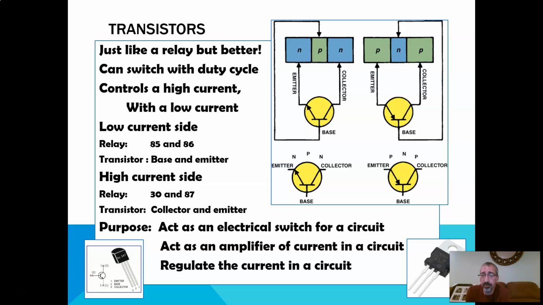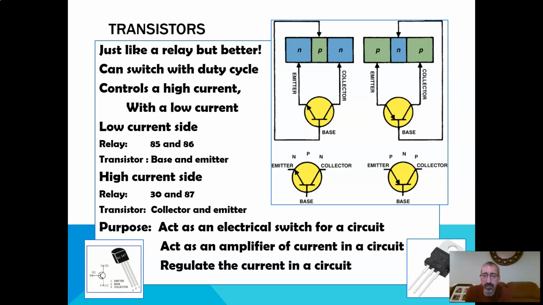No moving parts, right? They can switch very quickly with duty cycle. They control high current with a low current, just the same way a relay does. And you end up with the P's and the N's in there. So notice on the right side, look at the NPN and the PNP, right? You have a certain relationship that goes there, and notice the little arrow that's inside, right?